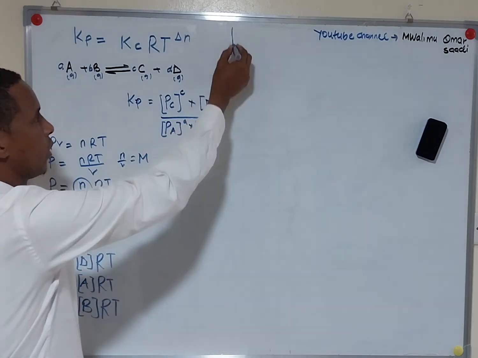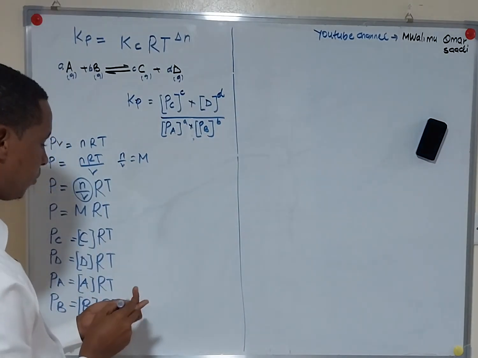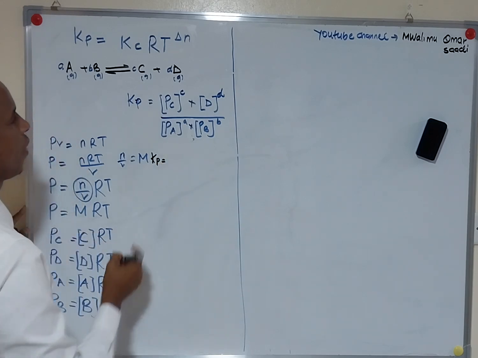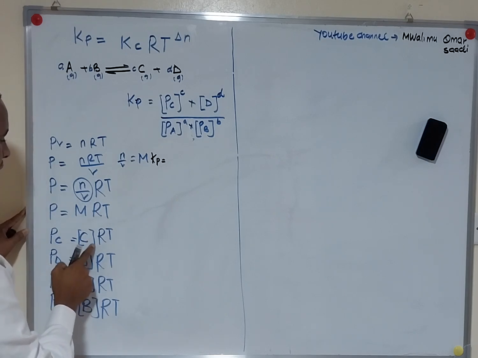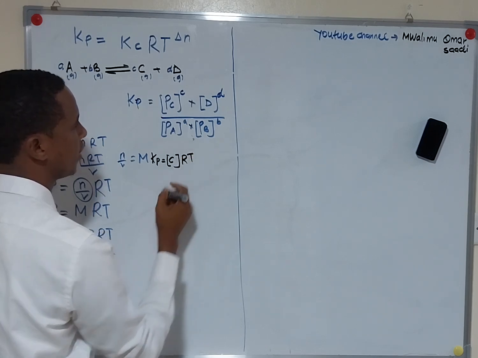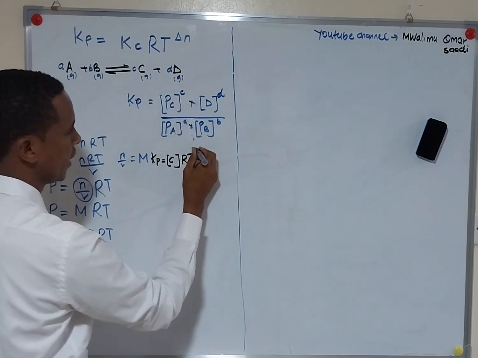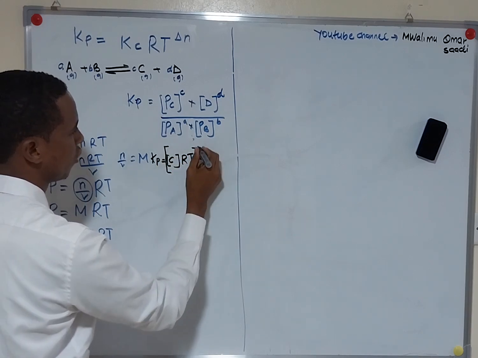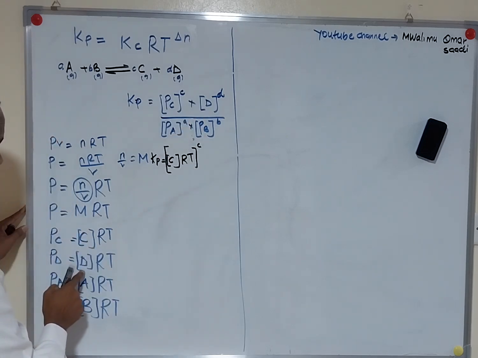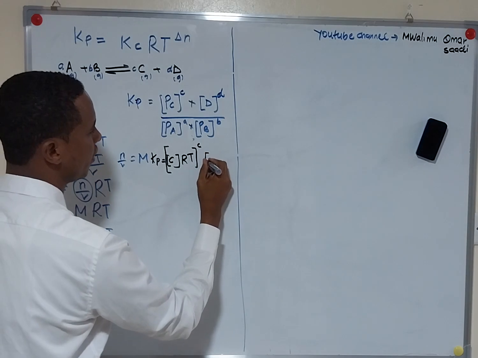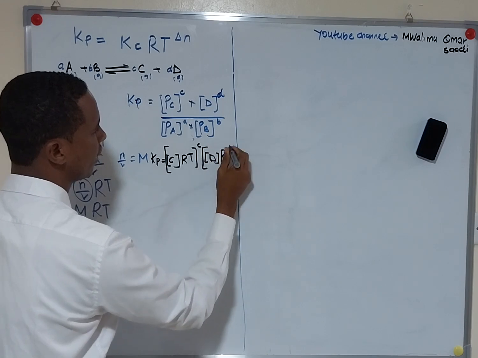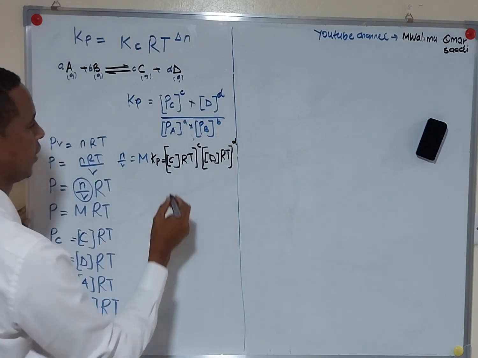So let's simply replace what we have in the equation. So Kp is equal to, for PC, concentration of C times RT, all of that to power c, and then times, for PD, concentration of D times RT, all of that to power d, all over.